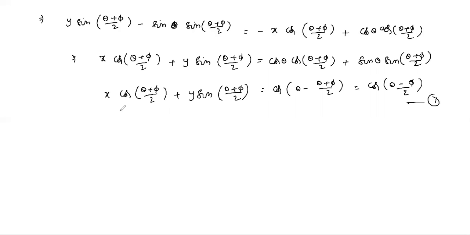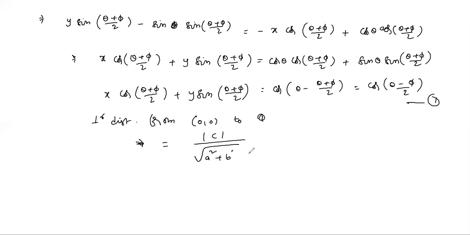Now we have to find the perpendicular distance from origin to line 1. What is the perpendicular distance from origin? Mod c by root a square plus b square, because x1, y1 are 0.